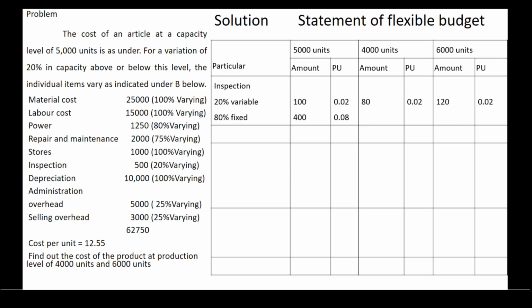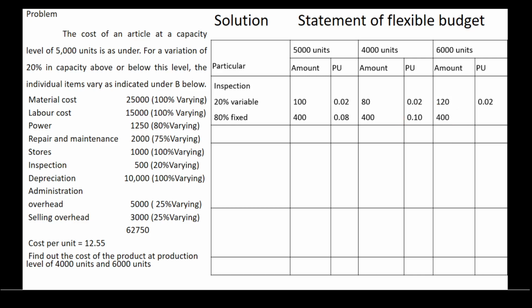So now under the 4000 units, the amount is the same, that is 400 rupees. So now the cost per unit is calculated as 400 divided by 4000 units. So it is 0.10.